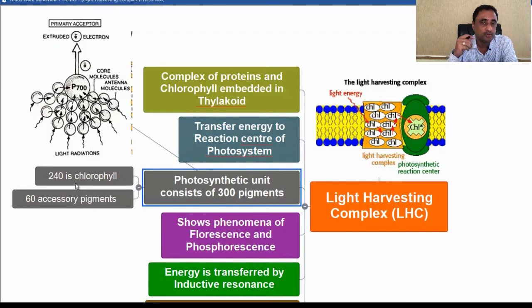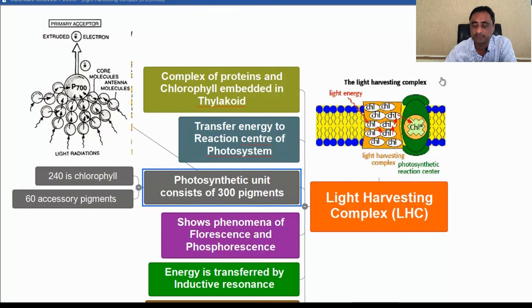Now, the most important thing we see in photosynthesis is that photosynthetic pigments show the phenomena of phosphorescence as well as fluorescence. Let's try to understand what exactly phosphorescence is and what its significance is. So I am hypothetically taking one molecule.